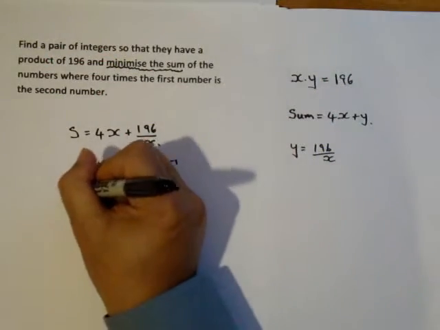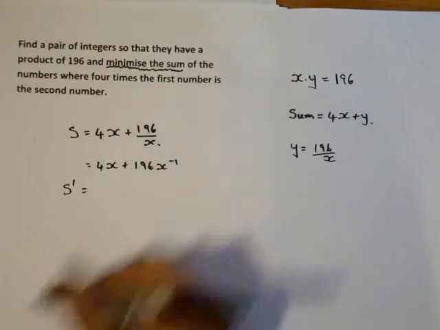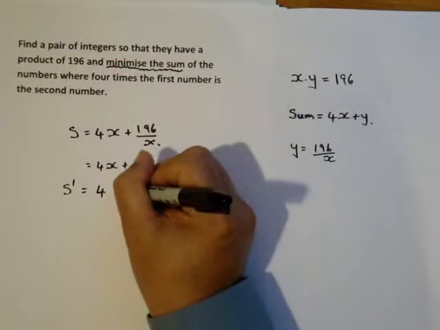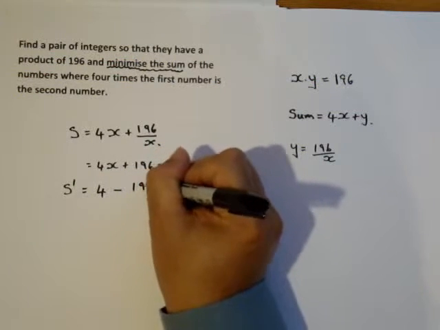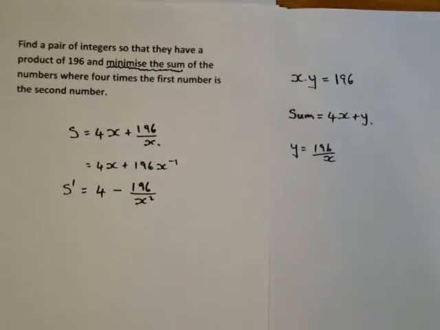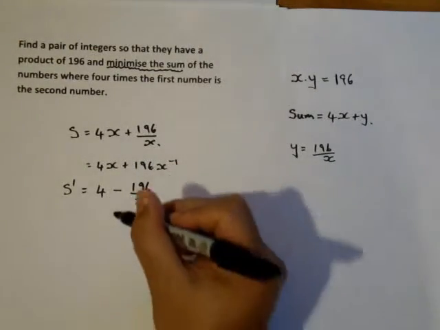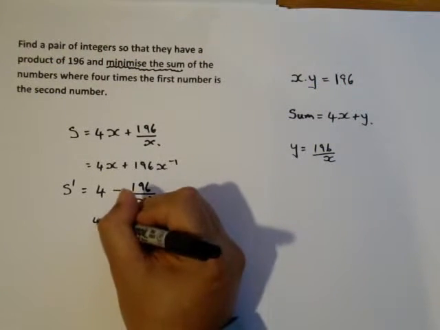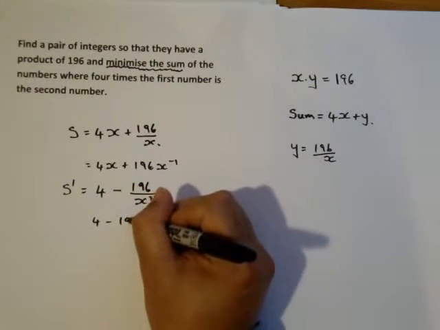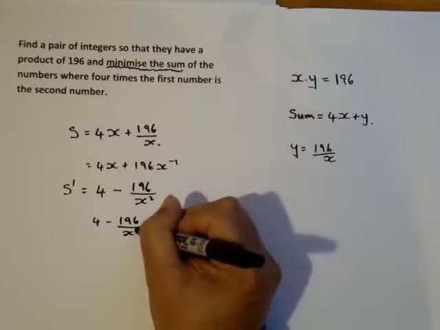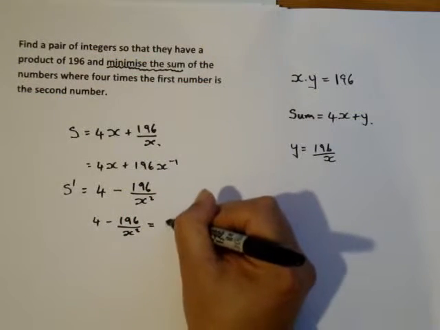Now let's differentiate, so we get s dash is 4 minus 196 over x to the power 2. Let's now make this into a 0. So that's 4 minus 196 over x squared equals 0.